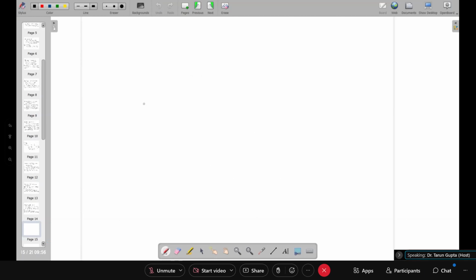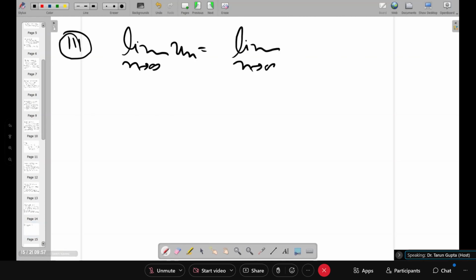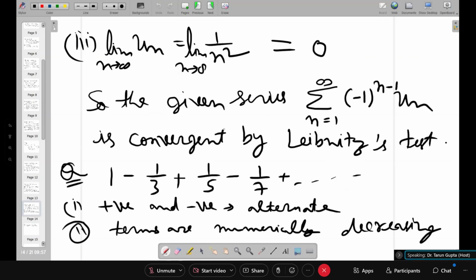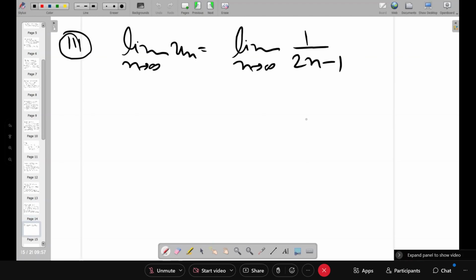And the limit of un, what is un here? 1 upon 2n minus 1. So here if you find out the limit, that is 0.